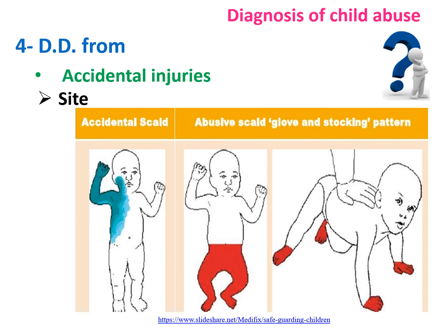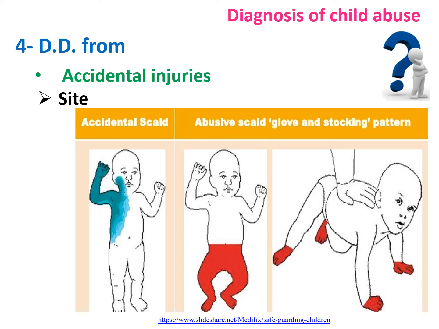Also, to differentiate accidental scalds from abusive scalds, accidental scalds occur usually when a child pushes a pot of hot liquid, like a kettle or any pot present on a table, and this liquid falls on him.